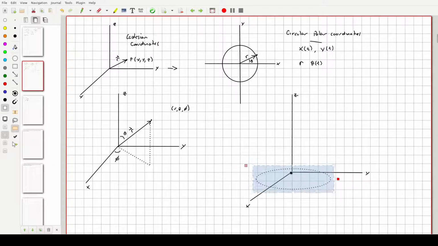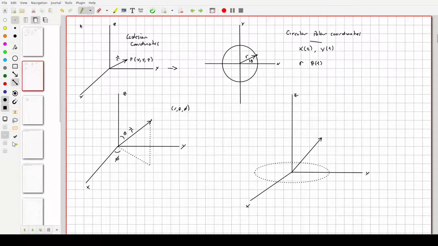Whoops, it's like that. And maybe we'll locate it up over here like that. And you project this down here.